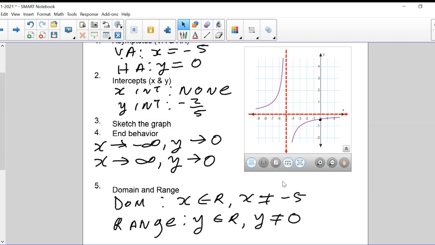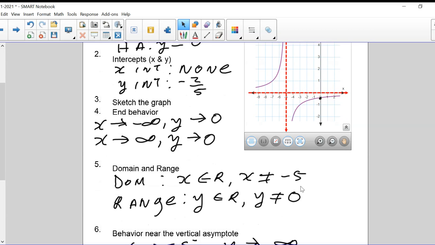Everything except -5, Jeremiah says. What do other people think? Is he right? Jeremiah seems to think it's everywhere except at -5. So is he right? Okay, there's a hesitation here. Some people are not sure. Minus infinity to -5. Okay, Harish agrees. And so you're thinking, no, it's only from minus infinity to -5 that it's increasing.